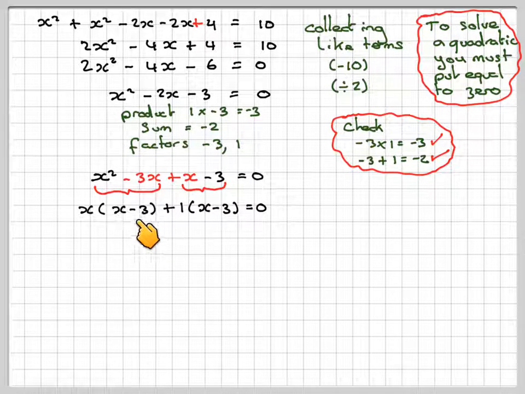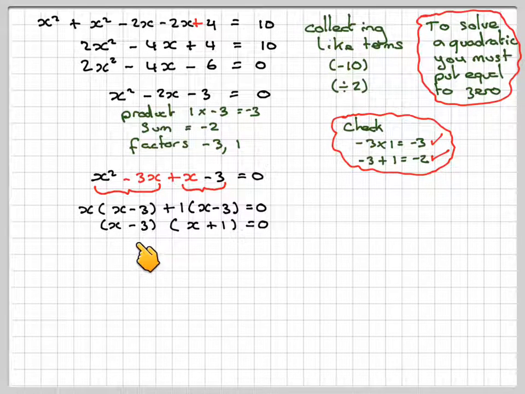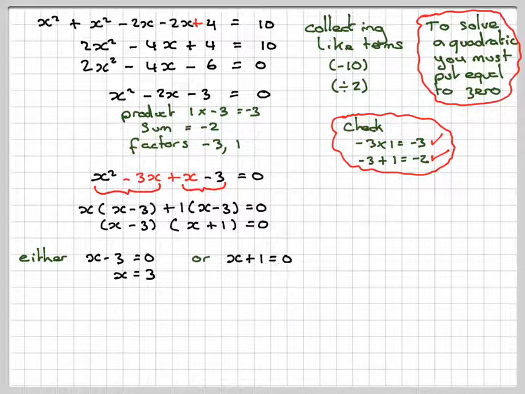Now we have a common factor of x minus 3, so they come out. So we get x minus 3 and then x plus 1 is equal to 0. Right, so if this is equal to 0, either this bracket is equal to 0 or this bracket is equal to 0, so either x minus 3 is equal to 0, which gives x is equal to 3, or x plus 1 is equal to 0, which gives x is equal to minus 1.